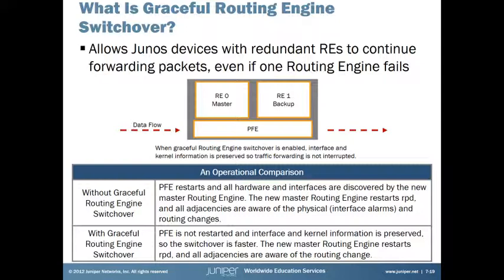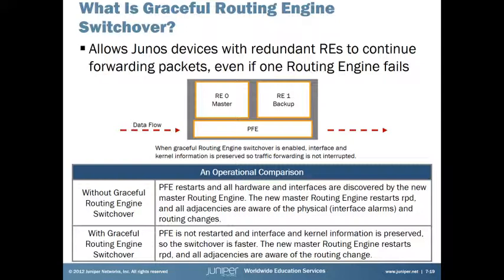The new master routing engine restarts the routing protocol, and all adjacencies are aware of the physical interface alarms and routing changes. With graceful routing engine switchover, the packet forwarding engine is not restarted and interface kernel information is preserved, so the switchover is faster. The new master routing engine restarts the routing protocol and all adjacencies are aware of the routing change.